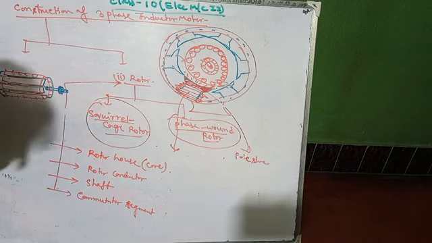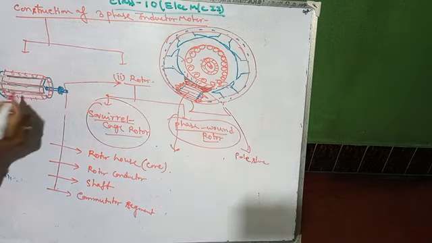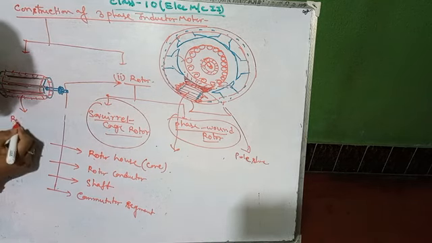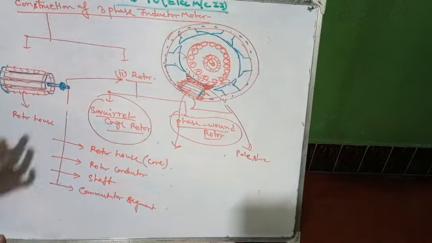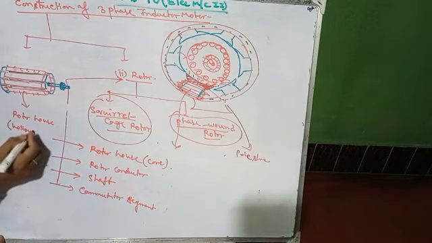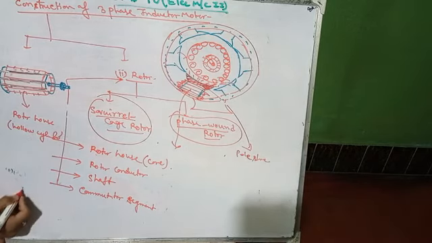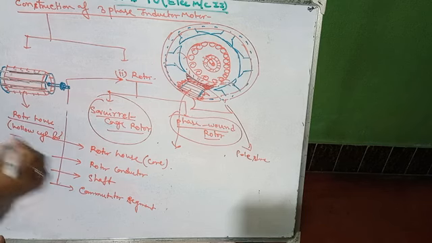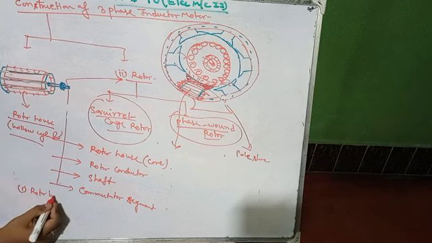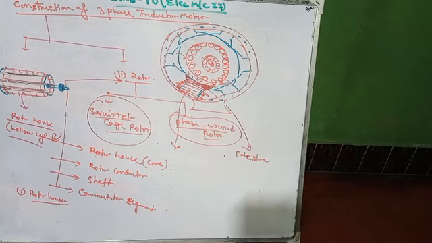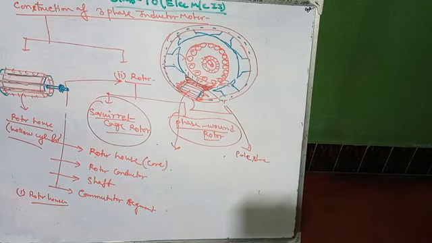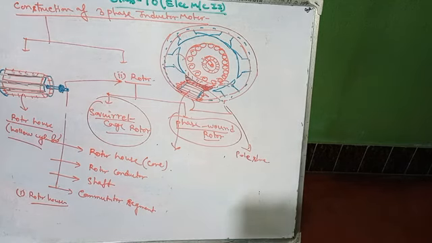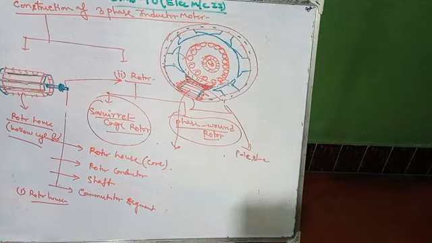So rotor consists of rotor house. This cylindrical section is called rotor house or rotor core. It is a hollow cylinder. So write Roman 1, rotor house. It is a hollow cylinder over which the conductors are installed.